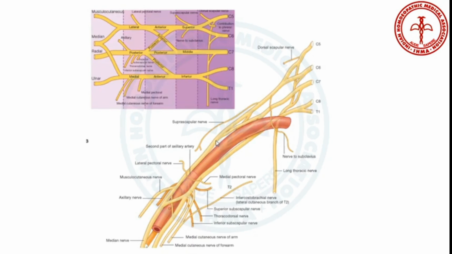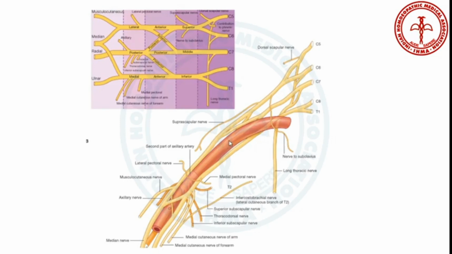The cord related to the medial aspect of the axillary artery is called the medial cord. Further, the cord which is behind, in the posterior aspect of the axillary artery, is called the posterior cord.